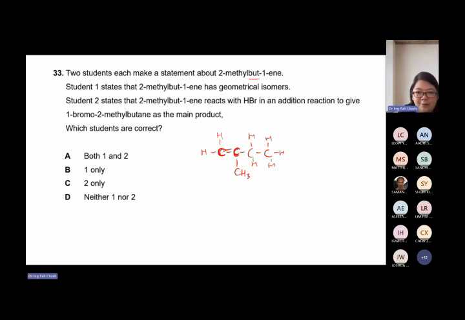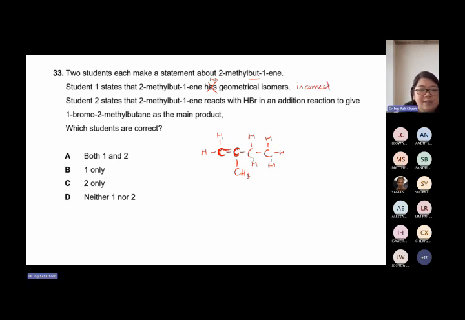The carbon on the left is bonded to 2 hydrogens, the same type of atom. The carbon on the right is bonded to 2 groups, but both carbons must be bonded to 2 different groups, and the carbon on the left is already bonded to 2 of the same atom, hydrogen and hydrogen. So no geometrical isomer. Student 1 is not correct.